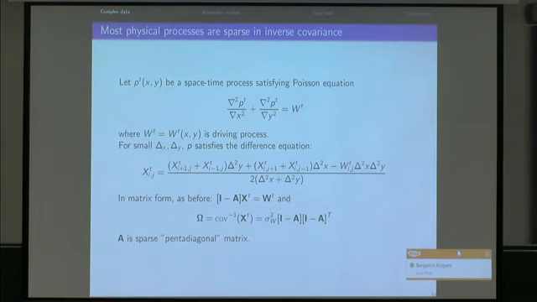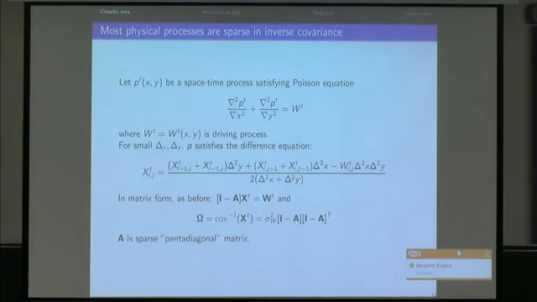So this matrix A is going to be sparse, and now if you write the covariance of X from this equation, you immediately get that it's the inverse covariance that has the form of an outer product of a sparse matrix. The covariance is not generally sparse.